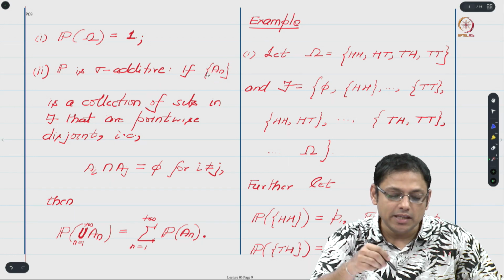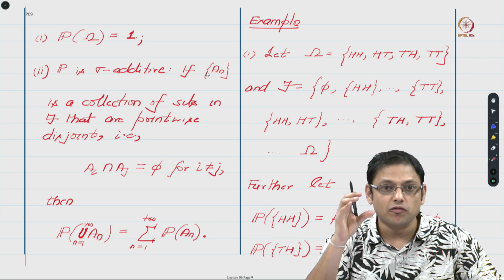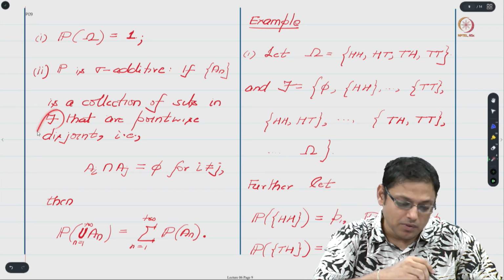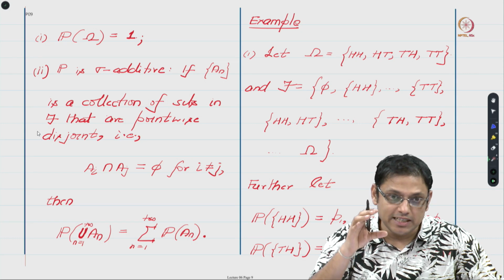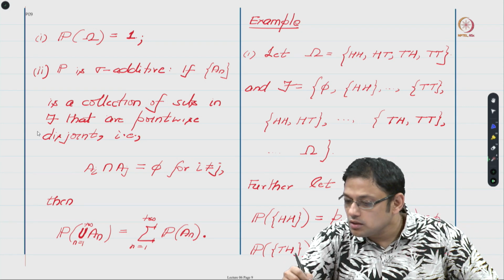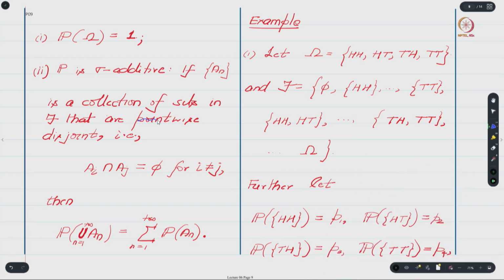Suppose you have been given a countable collection of sets in F which are, sorry, there is a typo here, this should be pairwise disjoint. So suppose you have a collection of sets in F that are pairwise disjoint, which means if you look at Ai and Aj where i is not equal to j, then their intersection should be empty.